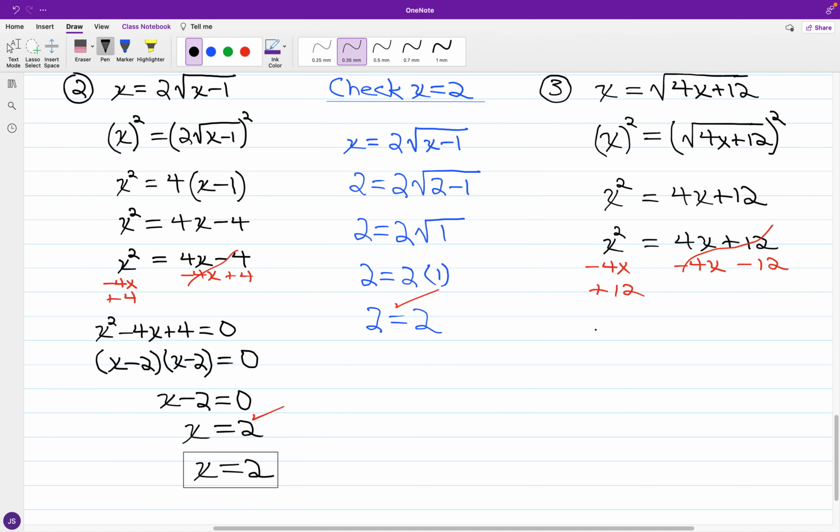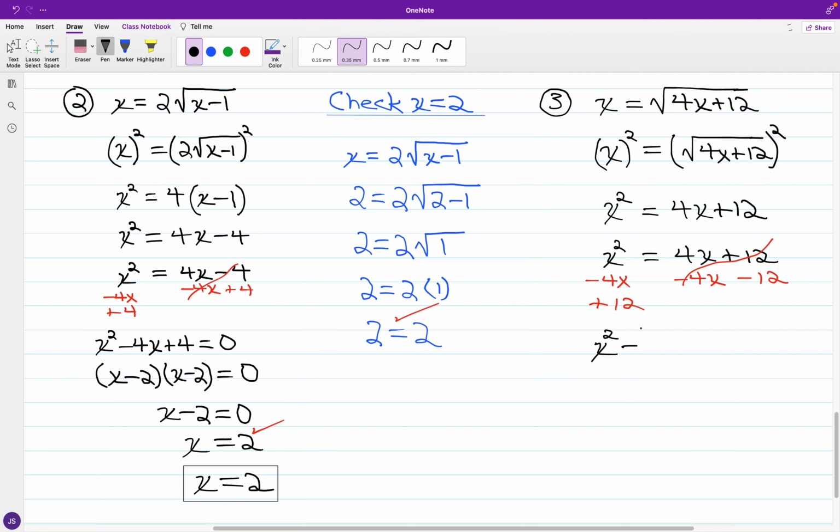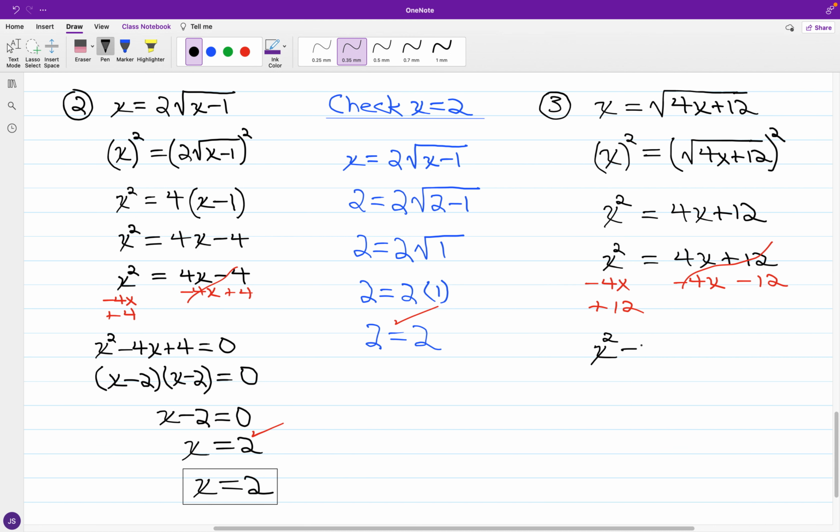Reestablishing standard quadratic equation form, we're going to have x squared minus 4x minus 12. Spoke a little bit too early. So you have x squared minus 4x minus 12, not plus 12, is equal to 0. And here we have a factorable trinomial.